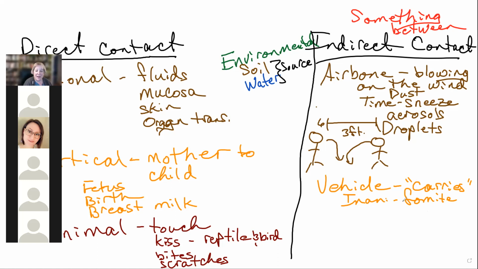Yeah, so my lizard crawling around the house and crawling up the wall and then sitting on the doorknob and then scuttling off, definitely. All of those would be considered fomite transmission because the vehicle, the fomite, the inanimate object, was between the source and the patient. So that makes it indirect.